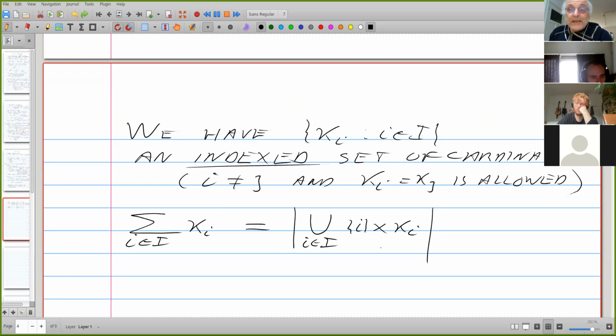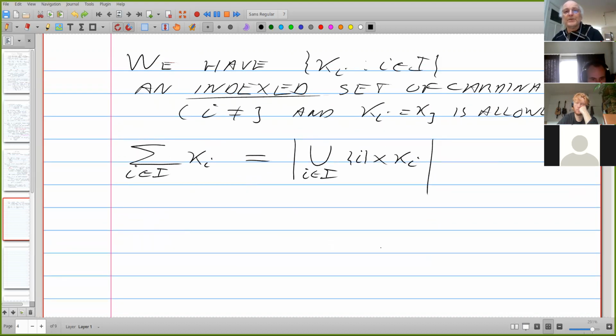And we get a set just like we defined addition and everything in primary school. We take disjoint copies of our numbers and union them up, count the union, and that is going to be our sum. And that's the same thing that we do here.